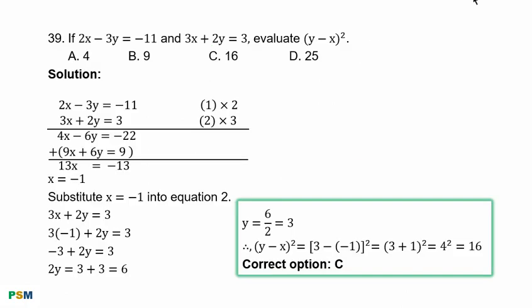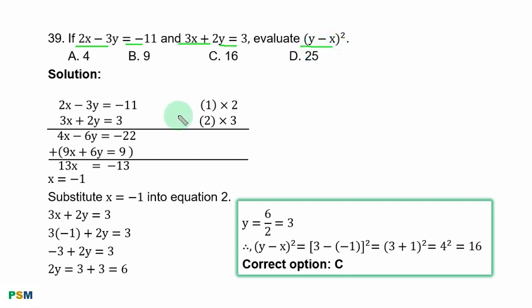Question 39. If 2s minus 3y equals minus 11 and 3s plus 2y equals 3, evaluate (y minus s) squared. Solution: you simply solve both equations simultaneously.